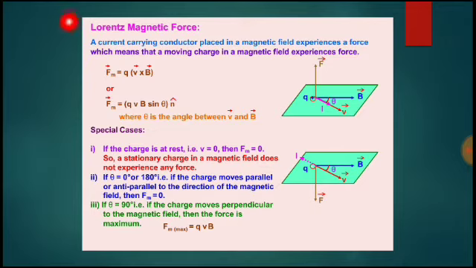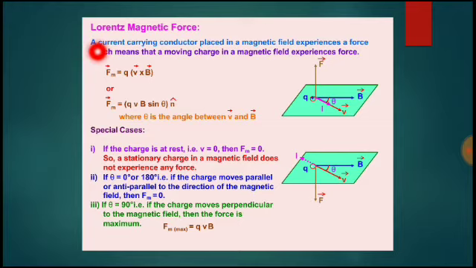A current carrying conductor placed in a magnetic field experiences a force, which means that a moving charge in a magnetic field experiences a force. Again, I'm telling, a current carrying conductor placed in a magnetic field experiences a force, which means that a moving charge in a magnetic field experiences a force.